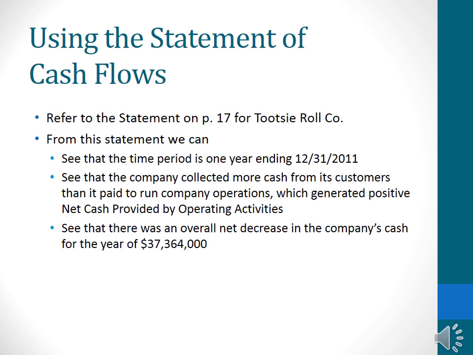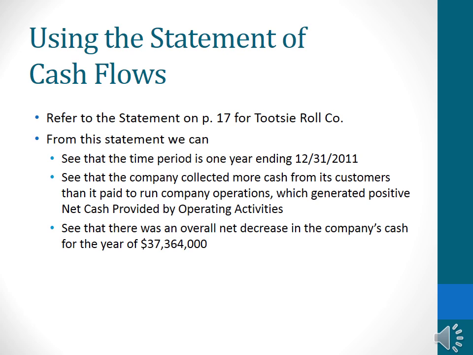To use the Statement of Cash Flows, let's look at the Tootsie Roll Company Statement of Cash Flows on page 17 in the book. We can see from this statement that the time period for this Statement of Cash Flows ended December 31st, 2011. We can see that the company collected more cash from its customers than it paid to run operations.